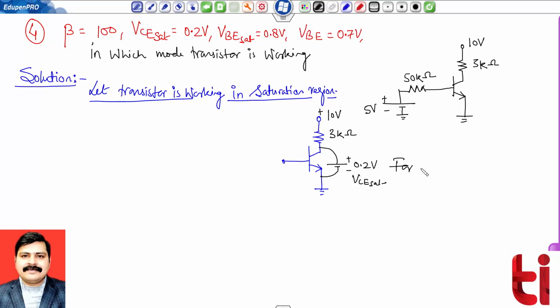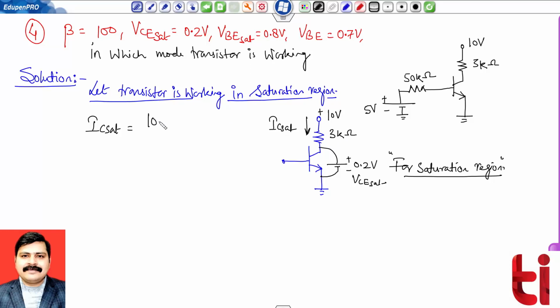So as we have assumed that my transistor is working in saturation region, we have to consider this. Now current flowing over here is IC set, and I can easily calculate current IC set. This will be voltage drop across this resistance divided by the value of resistance.